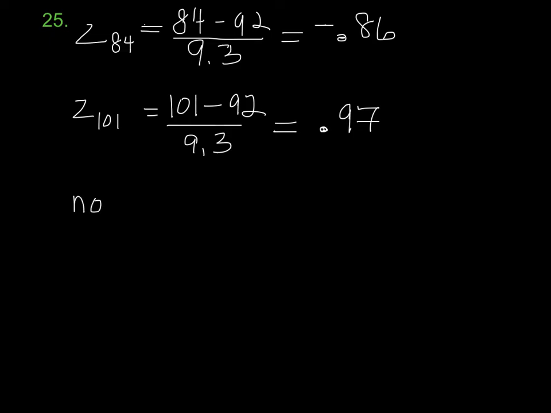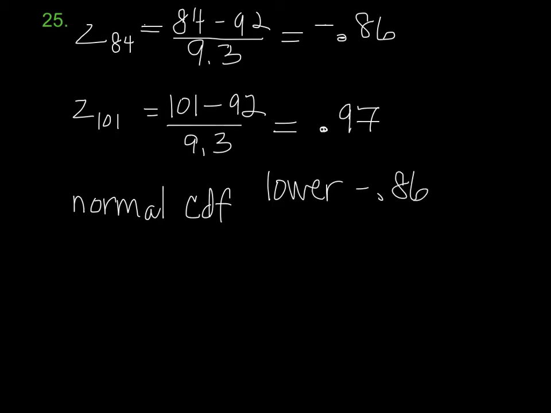Okay, so now remember, at this point, you're going to go to your calculator, and you're going to do normal CDF, remember that's second, distribute, and then you're going to have your lower bound and your upper bound. So your lower bound is going to be negative 0.86, and your upper bound is going to be 0.97.